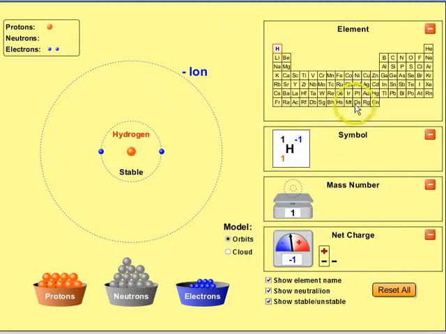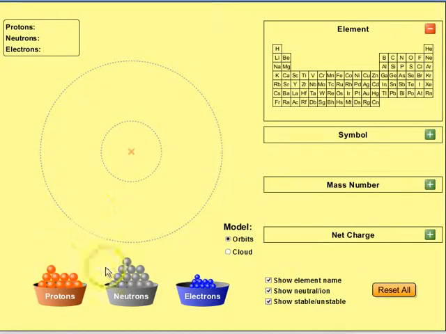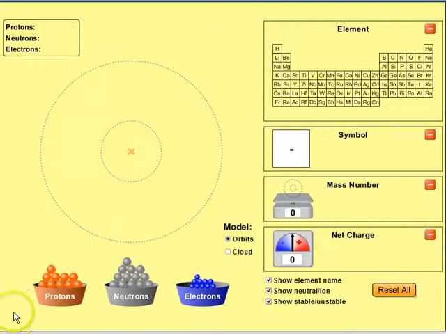So that was a basic introduction to this build an atom thing. Let's just reset everything. Let me build another atom. After clicking all these things, I'm going to dump in 2 neutrons. I'm going to also dump in 2 protons.